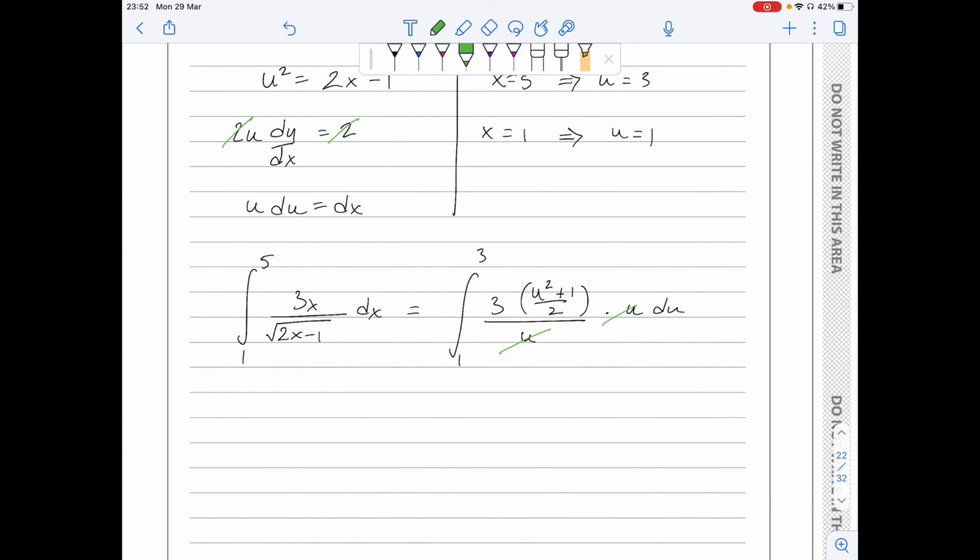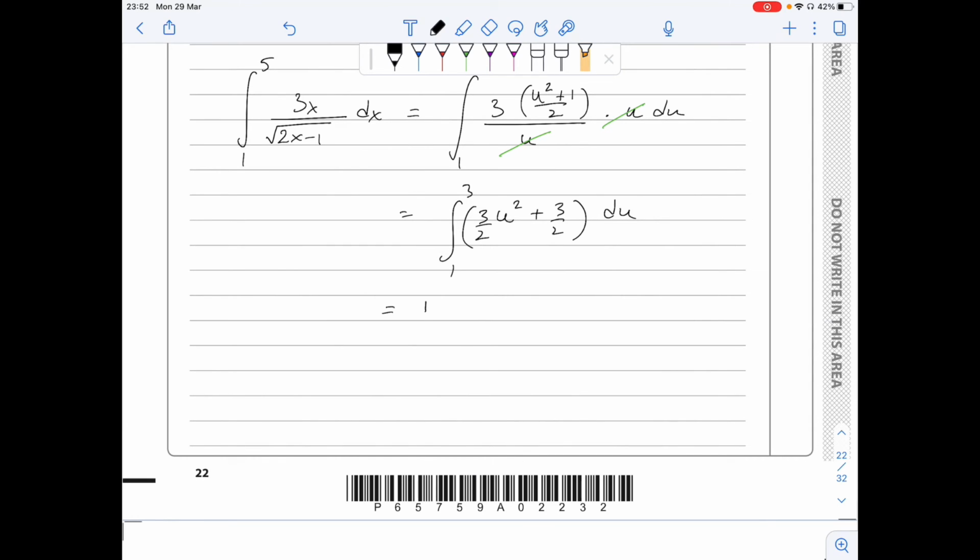I can cancel out the u's, so I will get the integral of 3/2 u squared plus 3/2 du from 1 to 3.